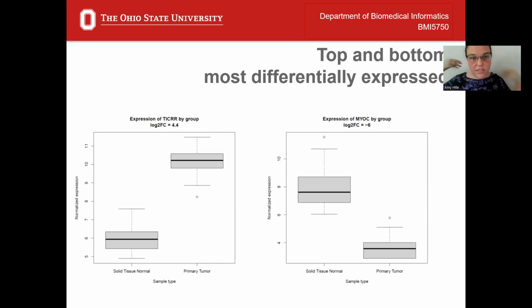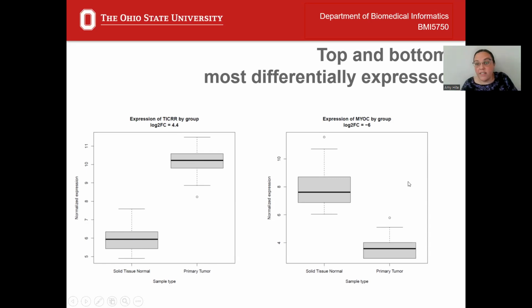So just as a check at the very end, I made these super simple box plots. In this particular run through, TICRR was my gene with the highest positive fold change. So I plotted this gene separated by sample group, and I see a positive fold change means that it's higher in my tumor sample compared to my normal sample.